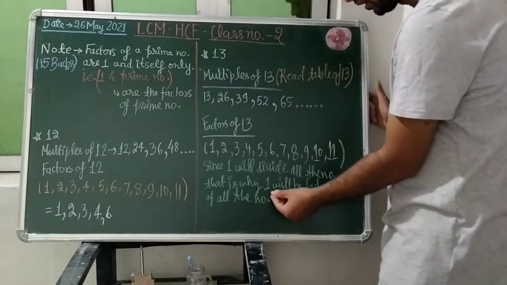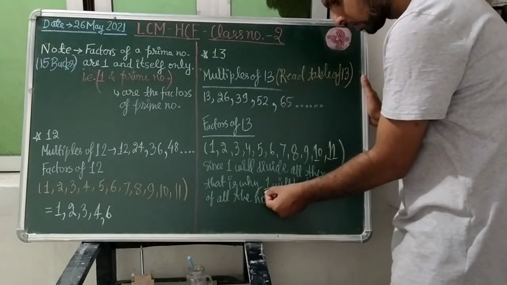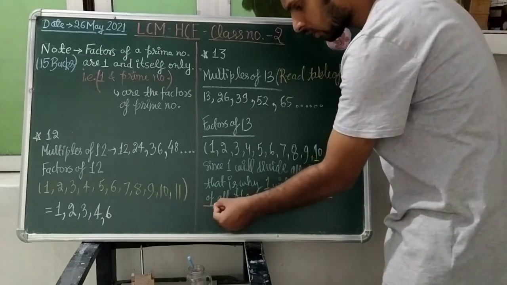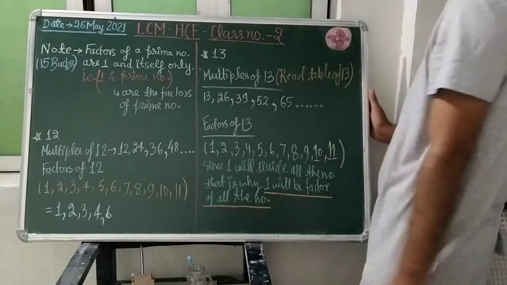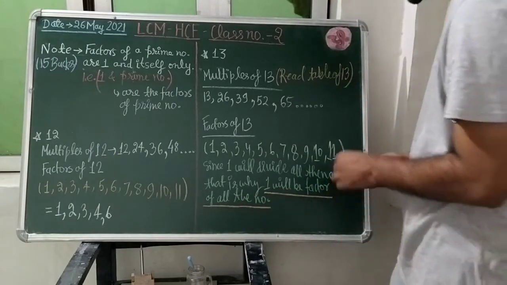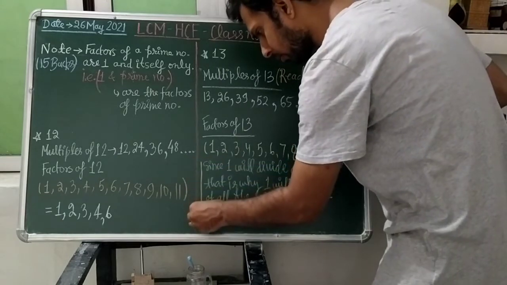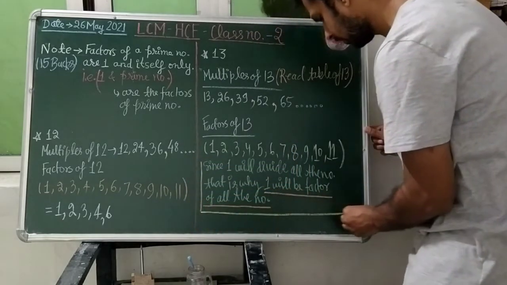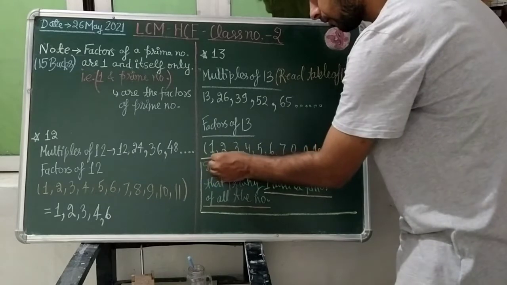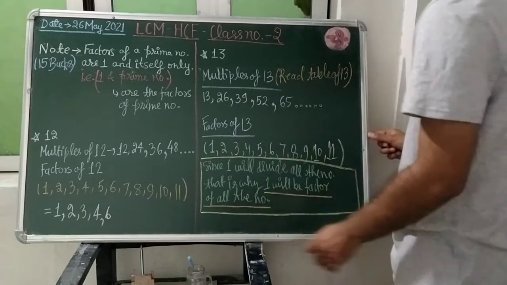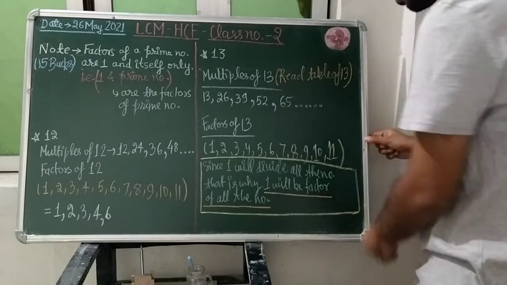So you can underline this, that 1 will be the factor of all the numbers. Put it in a box to remember it. So remember this. Since 1 will divide all the numbers, 1 will be the factor of all the numbers.